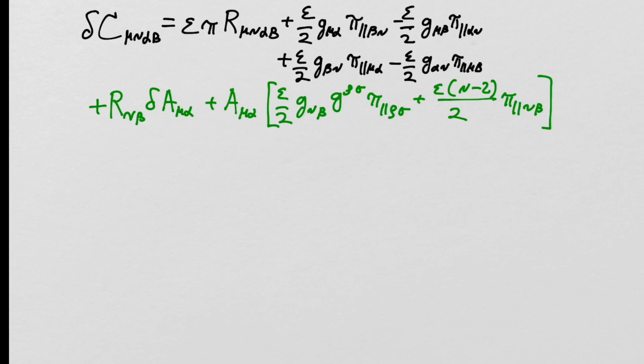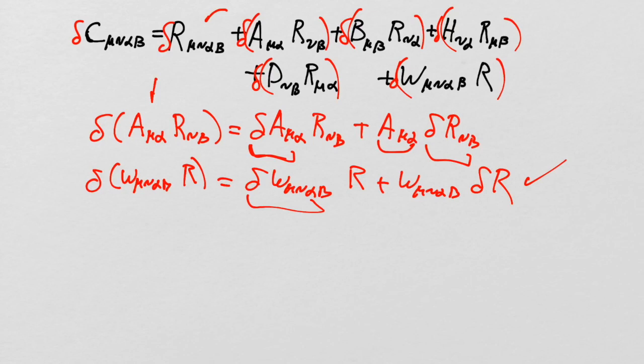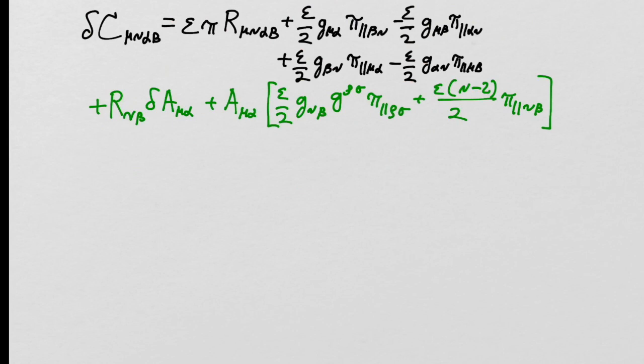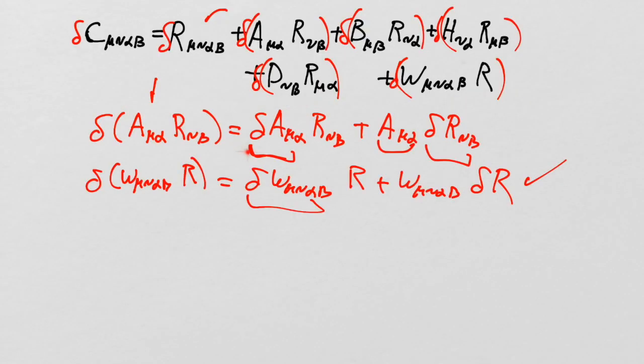All right, now in green, I have put in the next part, which should be, if I did it right, this piece right here, the variation of A mu alpha R nu beta, which I demonstrated here is the variation A mu alpha times R nu beta plus A mu alpha times the variation in R nu beta. And so here I've kind of reversed the order, but here's R nu beta variation A mu alpha, which is this piece. And then this piece is A mu alpha times the quantity variation R nu beta.